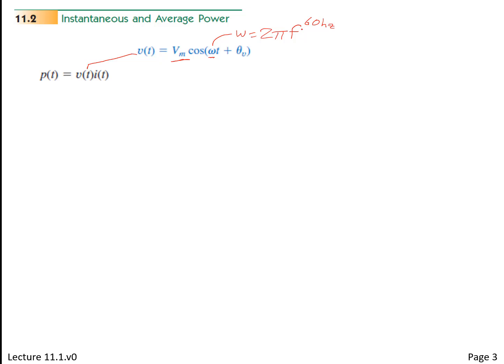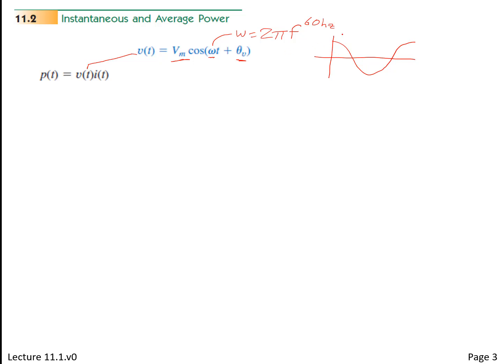Okay, and then there's an important offset here, theta. So if I'm thinking of how this cosine is, remember, the cosine starts at 0 degrees, it starts high, and then it goes right like this.